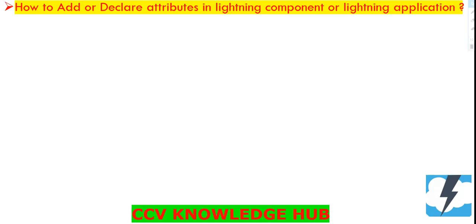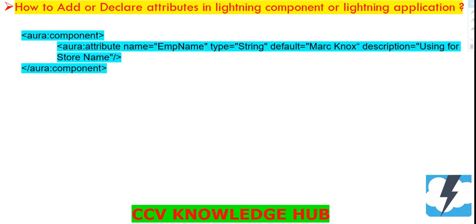Now we'll see how to add or declare attributes in a Lightning component or application. This is the syntax. First we have to declare the component tag, aura:component. Here we have attribute name, type, default and description.